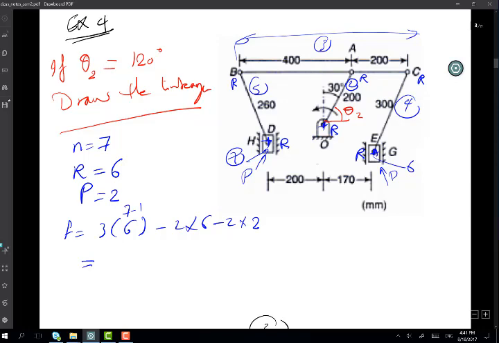So that's 18 minus 12 minus 4, so it is 2. So it's a 2 degree of freedom linkage, meaning that I have 2 motors or 2 actuators running it. It's not possible just to give you one value, theta2, as I did, and ask you to draw the linkage. You needed 2 values, the positions of 2 actuators.